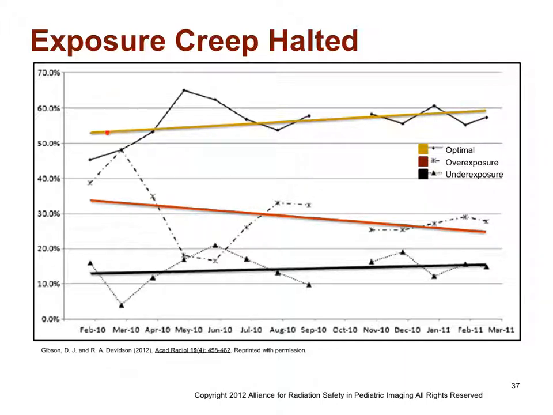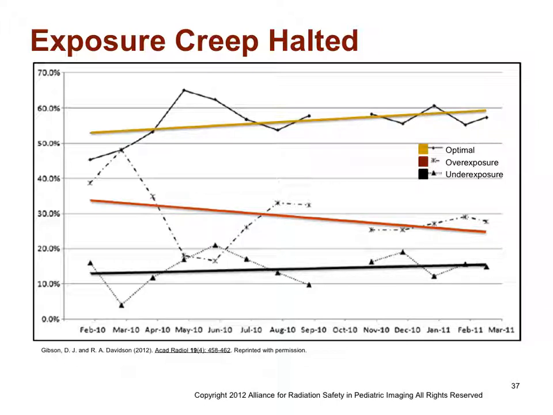In this case, optimal exposure is increasing, so they're getting better in their departments. The amount of overexposure is decreasing, and the amount of underexposure is slightly increasing, which means that they're doing things responsibly. Of course, we don't want too much underexposure because of the impact of mottle, but the most important thing is that optimal exposure is being increased.